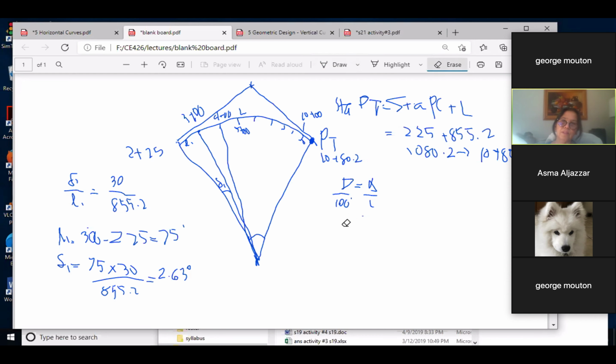And the other way is just using our formula that we established earlier, and that's equal to 5729.58 over R. So you should come up with the same value.